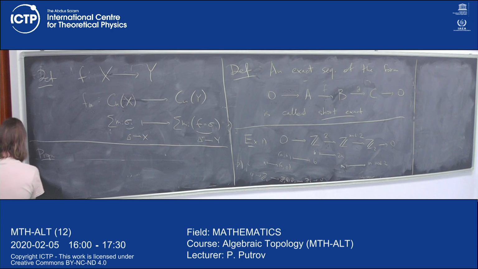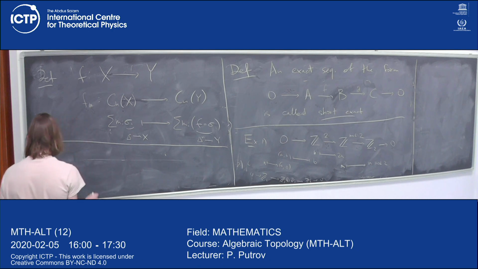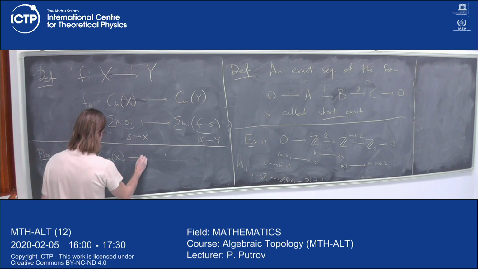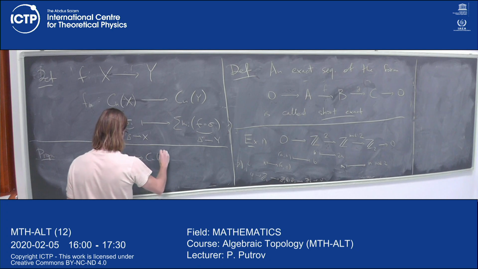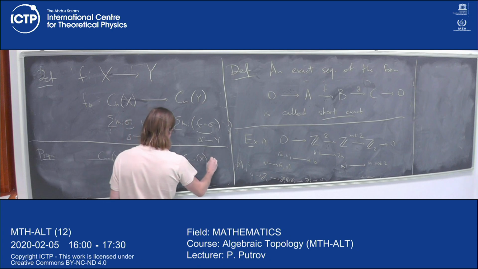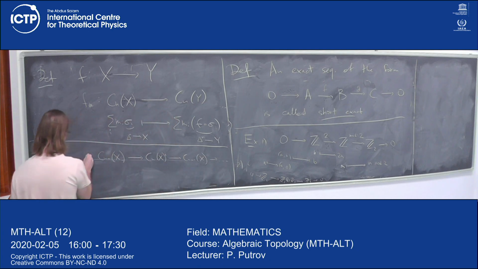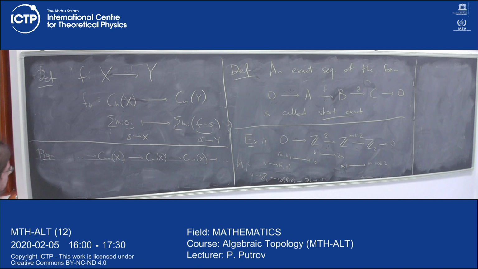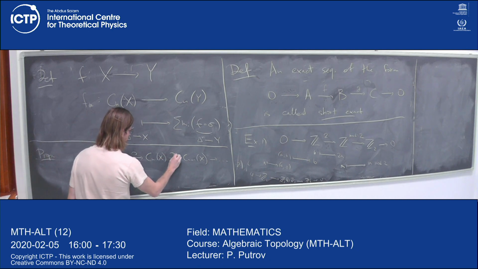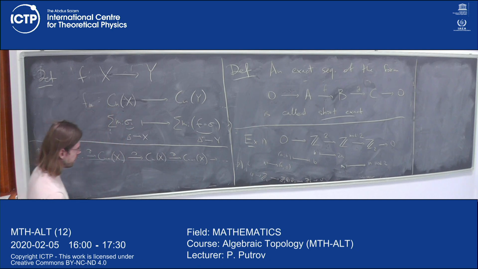Now we want to show the following property. The singular chain complex for X has the following form. I'll just write some part of the sequence, and here there will be the boundary homomorphisms.